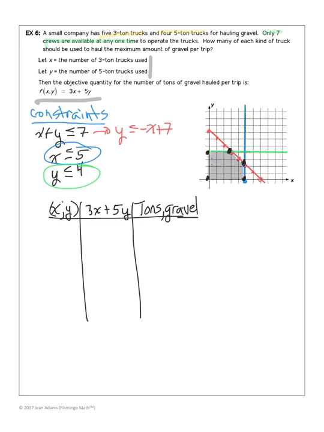Our first ordered pair is 0, 0. We plug that in, and of course, if we don't have any trucks out, we're not going to move any gravel. So that one's 0. Our next ordered pair is 0, 4. Let's plug that in.